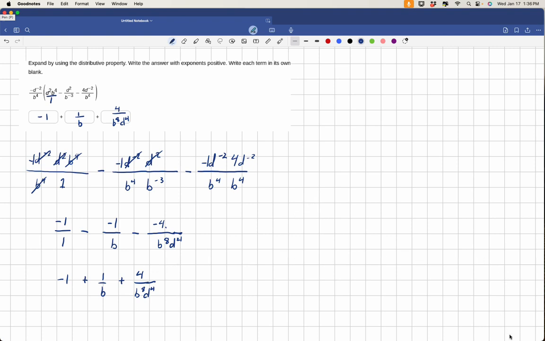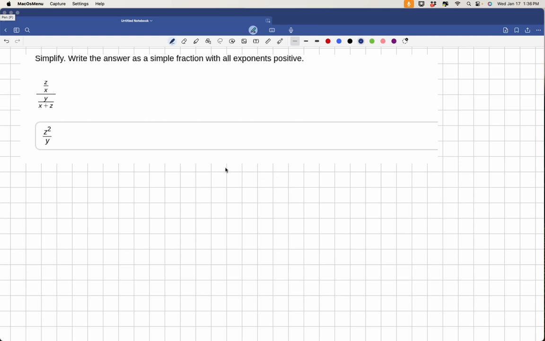Let's look at the next one. All right, so here we need to simplify and write the answer as a simple fraction with all exponents positive. So this is a keep it, change it, flip it problem. So let's rewrite it. Z over x times, and we're going to flip this, x plus z over y.